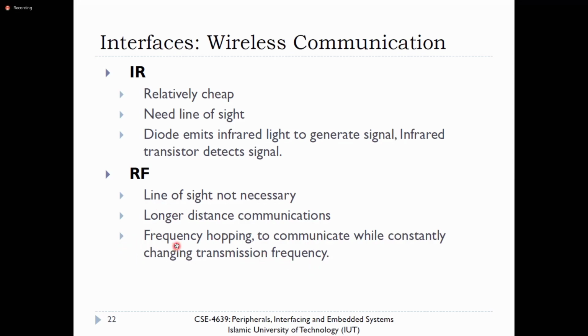I think in your computer networks or data communication course, you have studied frequency, signal, spectrum, these terminologies. As we have a variety of frequency channels or sub channels, the devices can hop from one frequency to another. So this makes wireless communication more flexible.